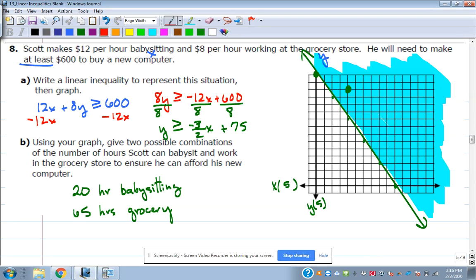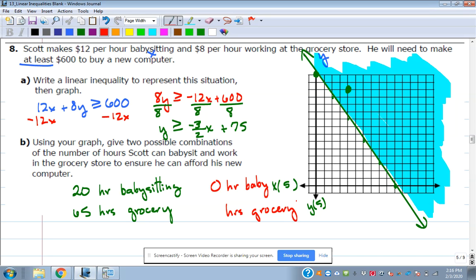Could I do all of my hours on one job? What would that ordered pair be? There's 2 different possibilities there. If I did 0 hours of babysitting, how many hours of grocery store do I have to work to make my $600?